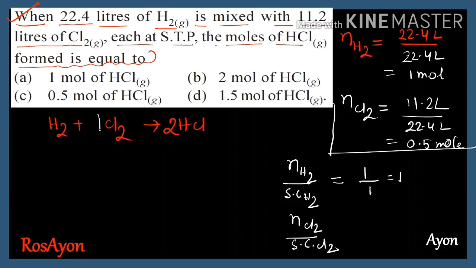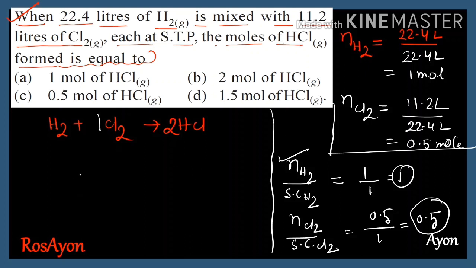Here the stoichiometric coefficient is 1, so 0.5 divided by 1 is equal to 0.5. So these two values are different. So this problem is the limiting reagent problem. Clear? Okay. Now you have to determine the product.